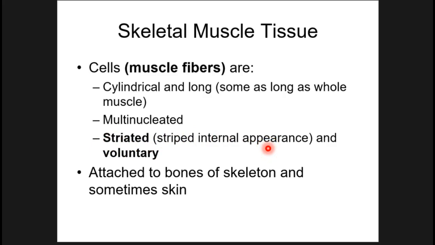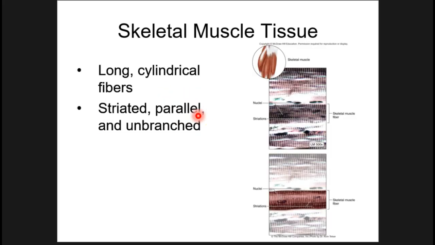For now, we're just going to roll with the idea that they are stripy. It's due to the organization of the cytoskeleton that allows for contraction. It's going to be very linear, and that's going to make stripes. These will be multinucleated. Skeletal muscle cells pretty much always have more than 1 nucleus just in one very, very long cell.